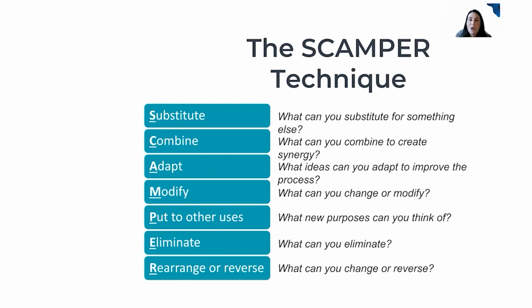There are 7 ways to think about a process. You can substitute, you can combine, you can adapt, you can modify, you can put to other uses, you can eliminate, or you can rearrange or reverse.